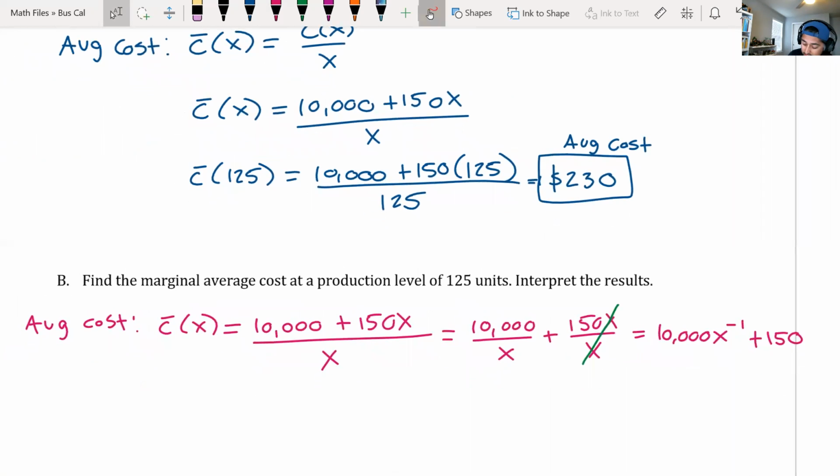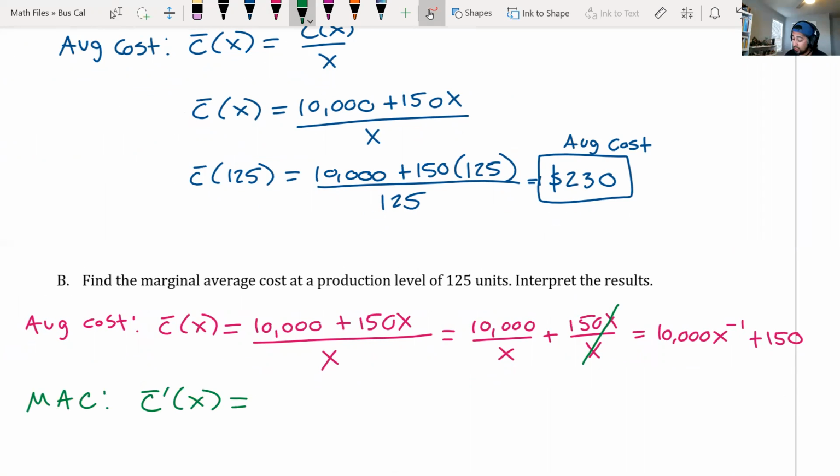So now let's go ahead and find the marginal average cost, the MAC, why not? Marginal average cost. And this is going to be given by C bar prime of x.